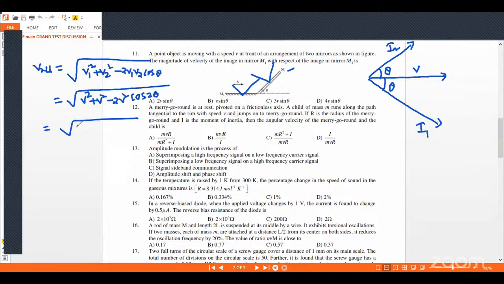So under root 2v square times 1 minus cos 2 theta. 1 minus cos 2 theta I can write as 2 sin square theta. So 2v square times 2 sin square theta, that is nothing but 2v sin theta. Right? That is option A.